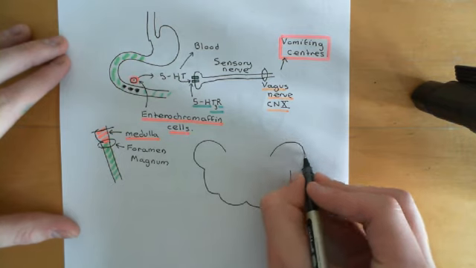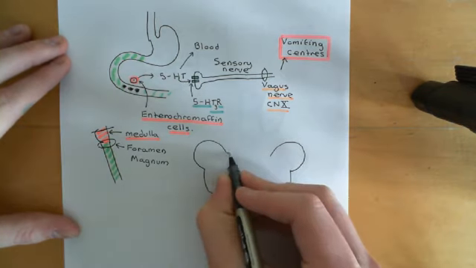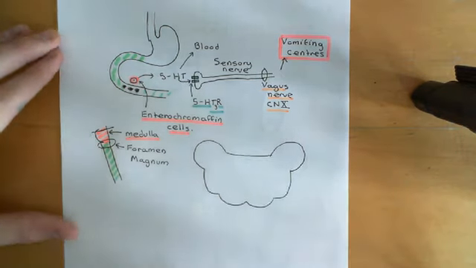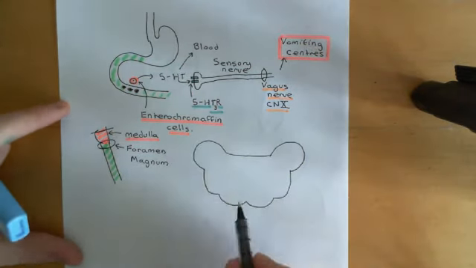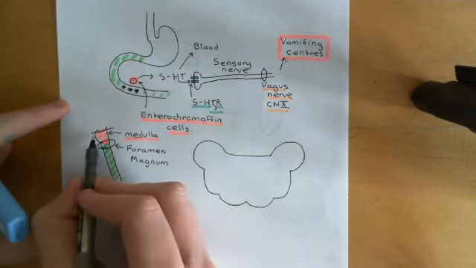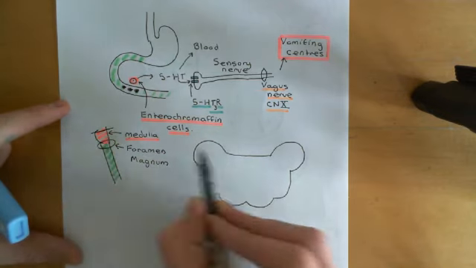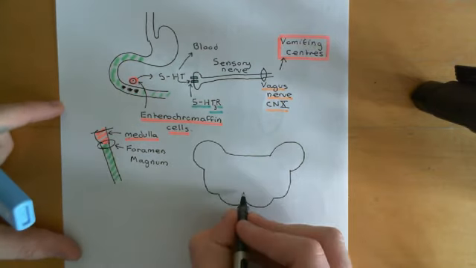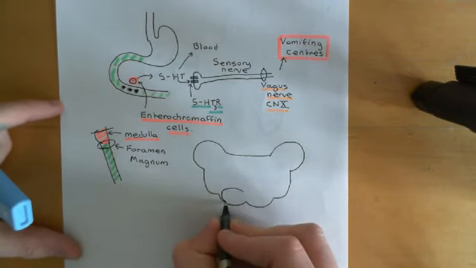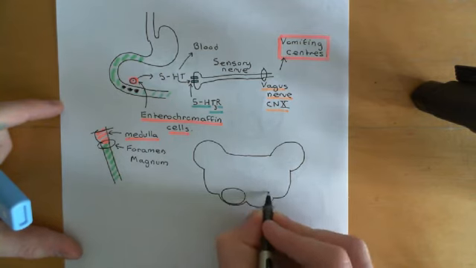And right at the back we have another one of those on the other side, like so. Let me highlight some important portions of the medulla. This is the front of the medulla, the ventral aspect down here, and this is the dorsal aspect here.